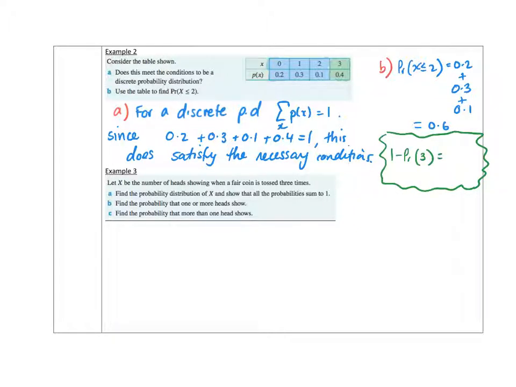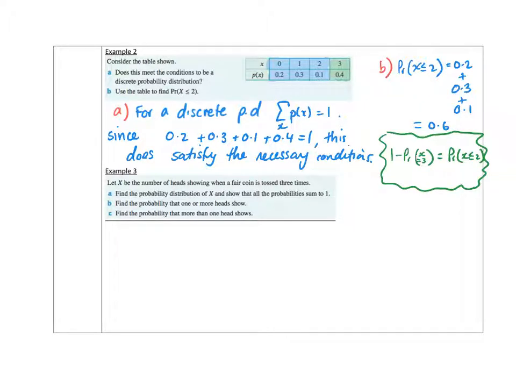So we might call it equal to the probability that x is less than or equal to 2. Now to be fair here, I might have to adjust what's inside here as 1 minus the probability that x equals 3. Just excuse the squishy writing there.